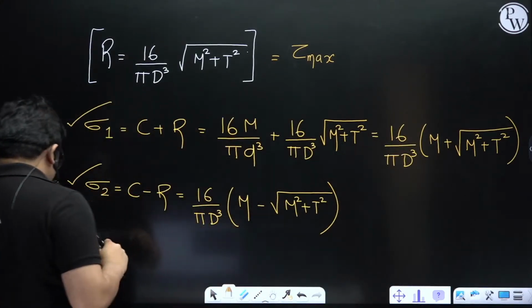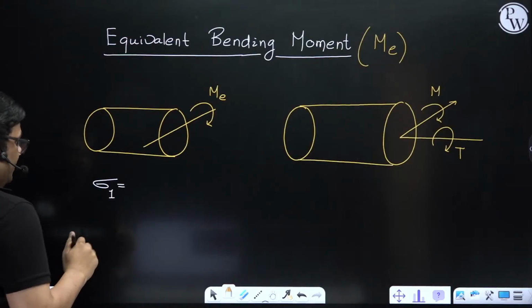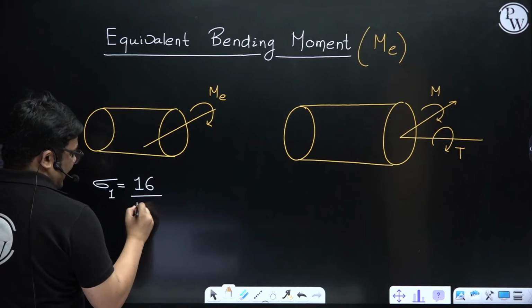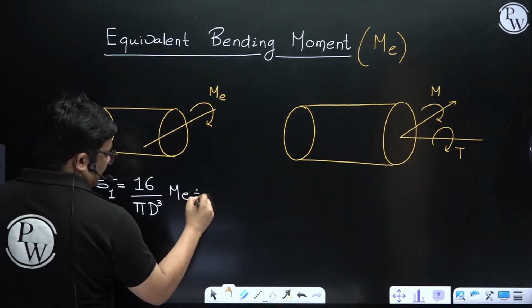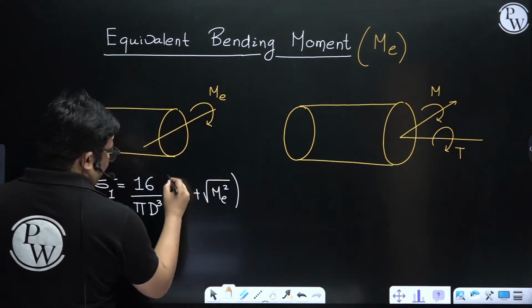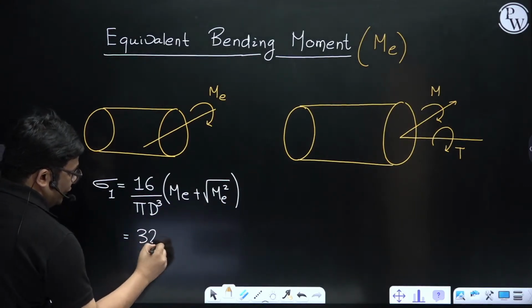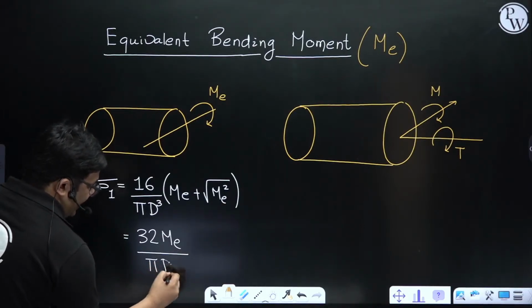So it will be equal to 16 by pi d cube, ME plus root under ME square, because no torsion is there. So this becomes ME plus ME, that is equal to 32 ME by pi d cube.